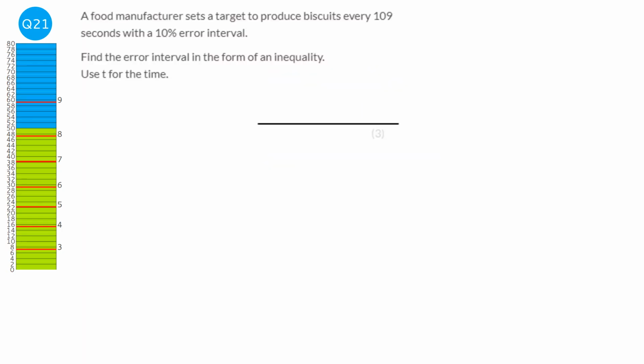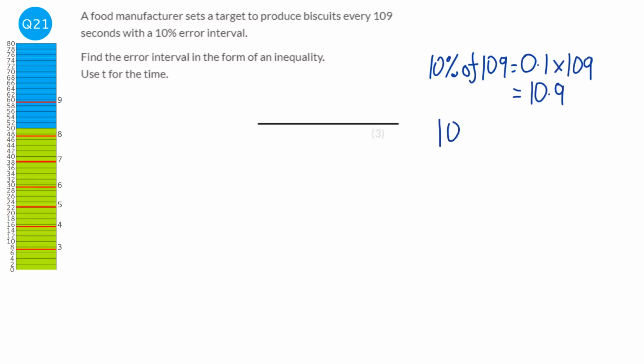First thing we need to do is find out what 10% of the 109 is. So we're just going to multiply by 0.1. And that gives us 10.9. So what we're going to do is add and subtract this from 109. So we're going to do 109 take away 10.9, which gives us 98.1.